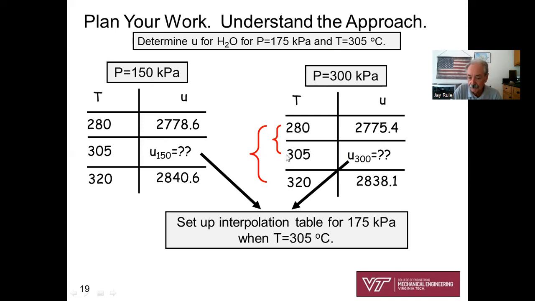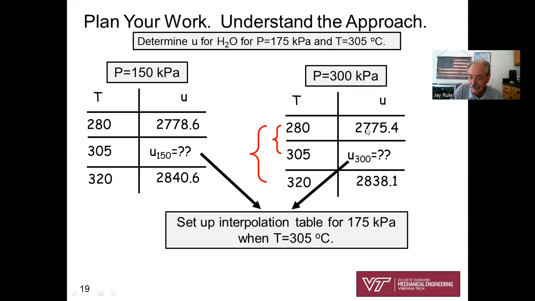Leave space for your temperature, 305. And write down the 2775 and 2838 from the 300 kPa table. I put U equals question mark, U equals question mark. Okay, that's the setup. Now we'll do the math. I'm not going to add slides to do this math, but let's just look at this one.